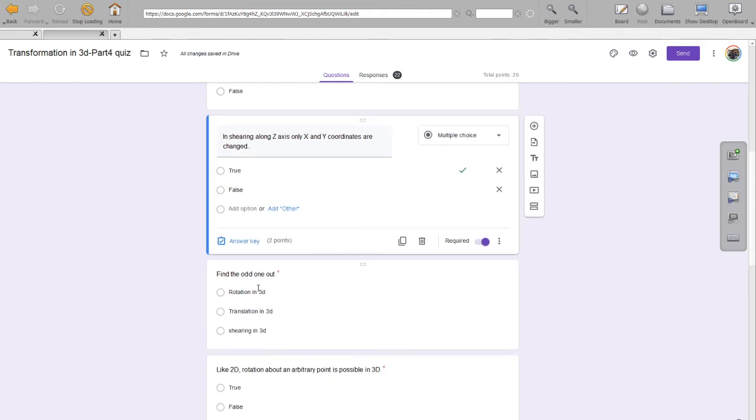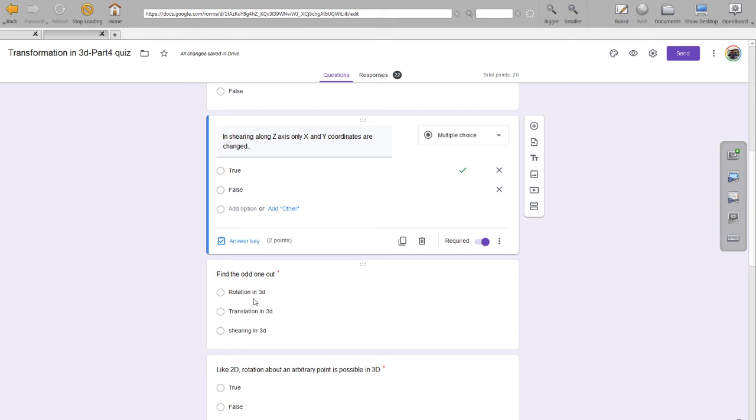Find the odd one out among rotation in 3D, translation in 3D, and shearing in 3D. Now, if you look into different transformations in 3 dimensions, you can find that for rotation and shearing, you actually need 3 matrices.